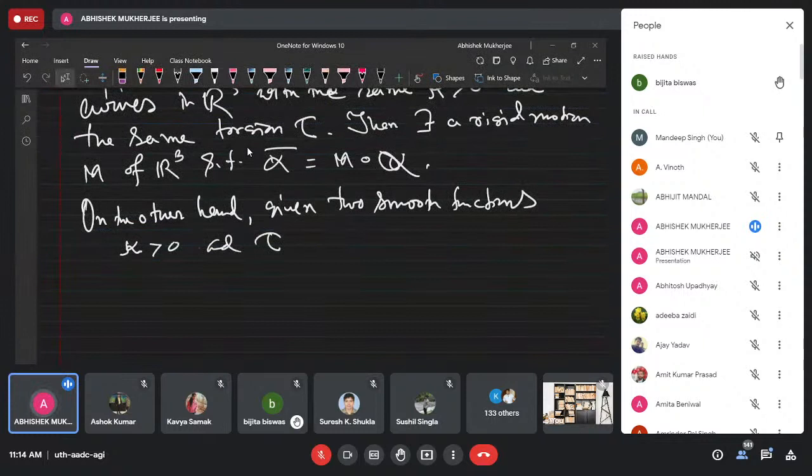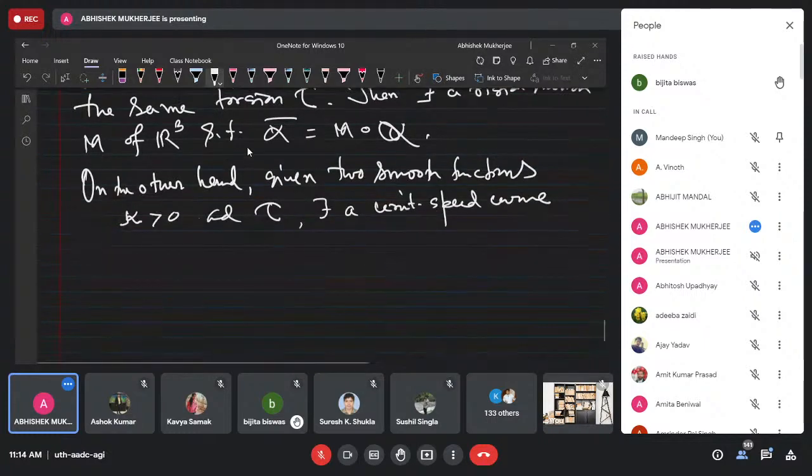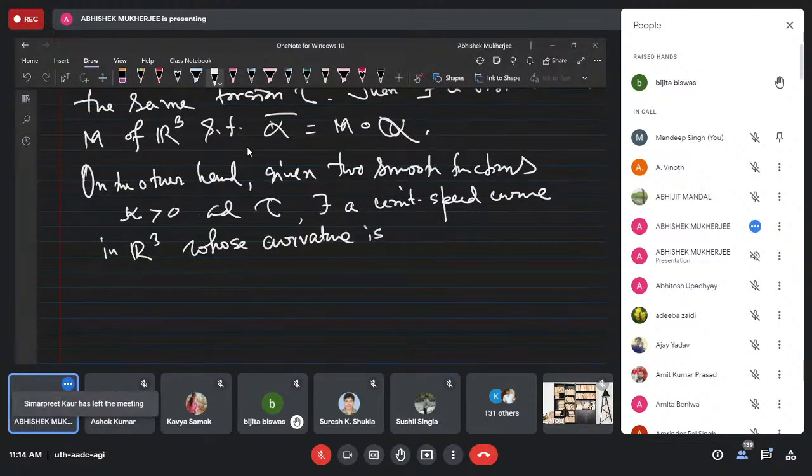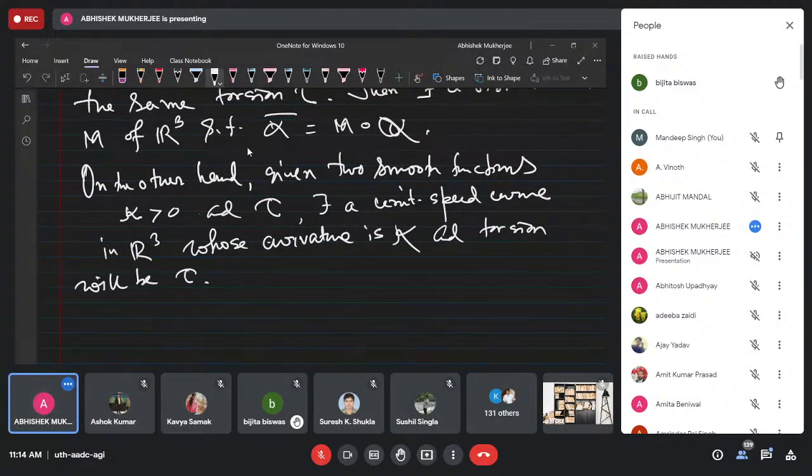So given two smooth functions, kappa which is greater than 0 everywhere, and tau, you can construct a unit speed curve in R3 whose curvature coincides with kappa and the torsion will be tau.